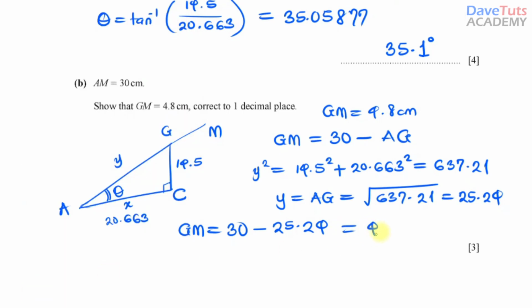And of course, 4.76 is approximately equal to 4.8 centimeters. So we have been able to prove that GM from our calculation is 4.8 centimeters as requested from this question. And with that, our question is done and dusted on this particular solution.